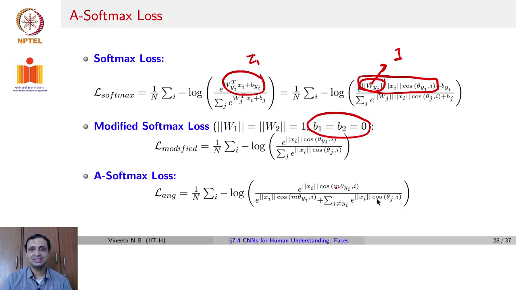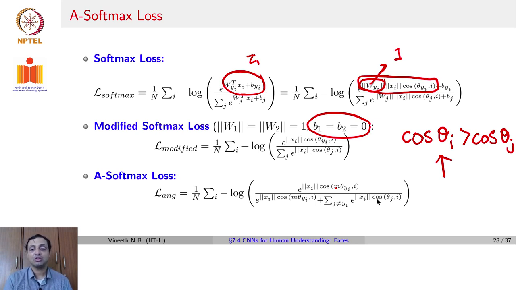This ensures that the angle is further separated between the positive class and the rest of the classes. Remember that the final match to check whether a feature belongs to one class or the other class would be given by where cos theta i is greater than cos theta j. You would then say that this point belongs to the ith label and not the jth label.